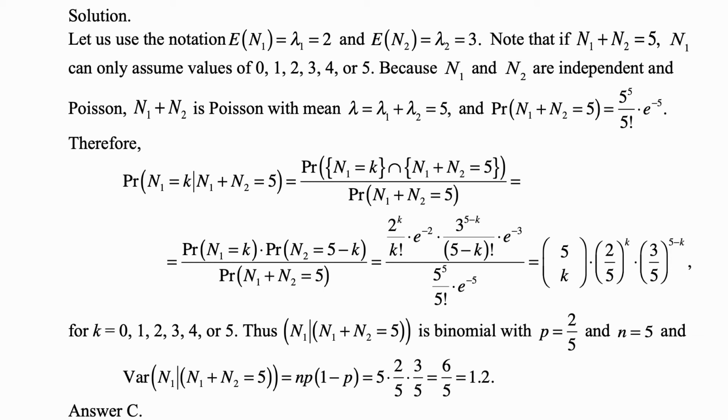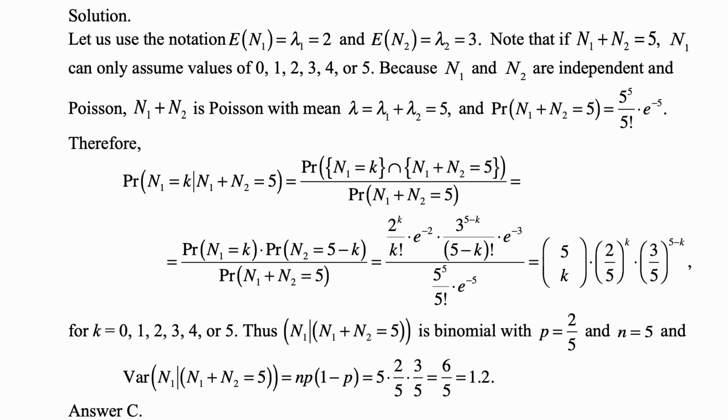Okay, all the powers of e cancel out. And then if we rearrange all the other terms, this turns out to be equal to 5 choose k times 2 over 5 to the k times 3 over 5 to the 5 minus k, for k equal to 0, 1, 2, 3, 4, or 5, the only possible values.